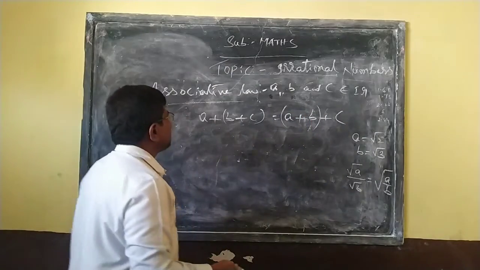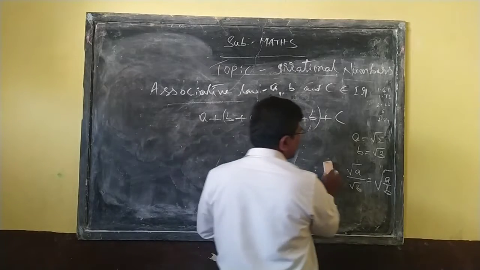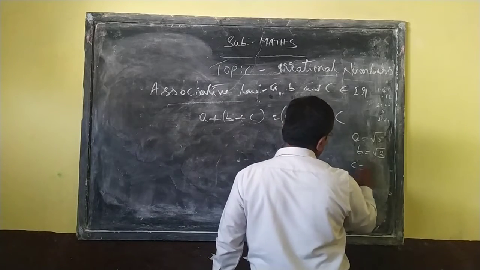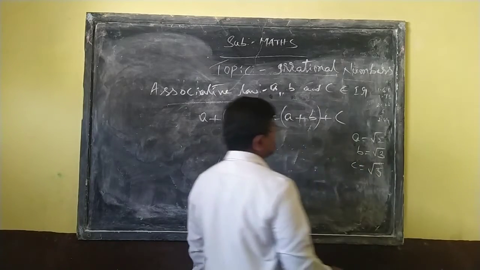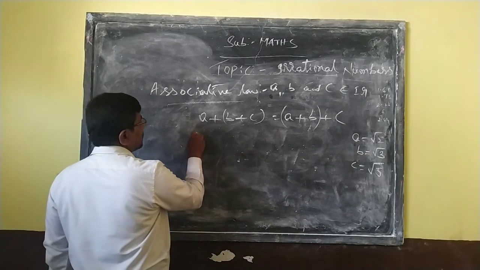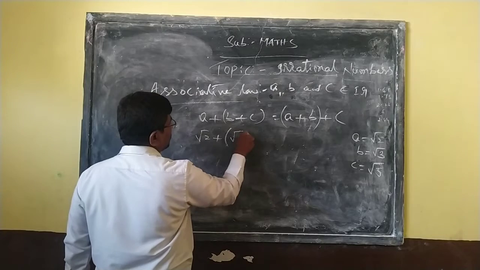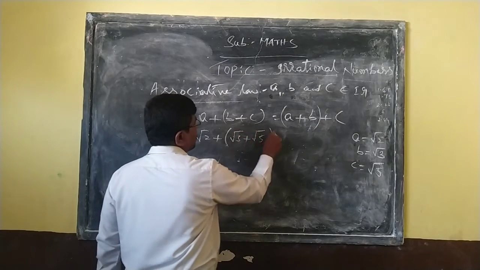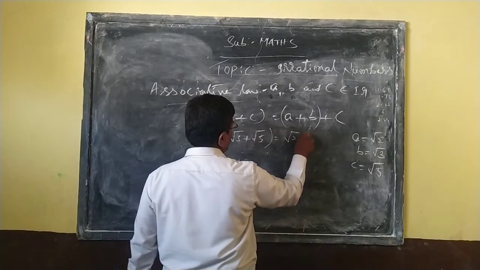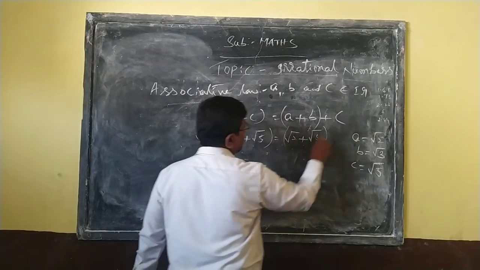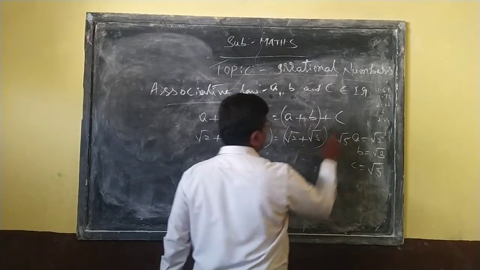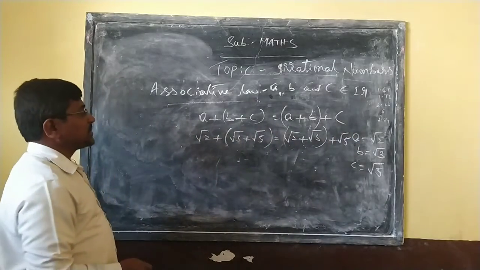Okay, students? Root 2, root 3, and another value you can take is root 5. Substitute and simplify: root 2 plus, root 3 plus root 5, is equal to root 2 plus root 3, plus root 5. Clear, students?